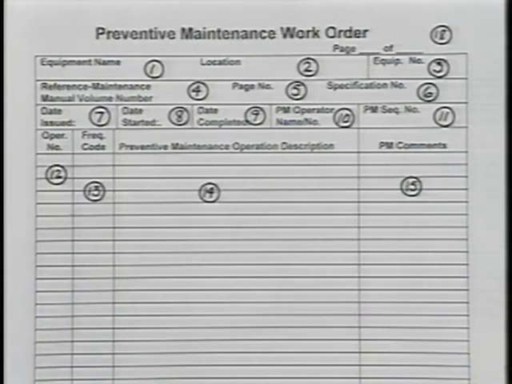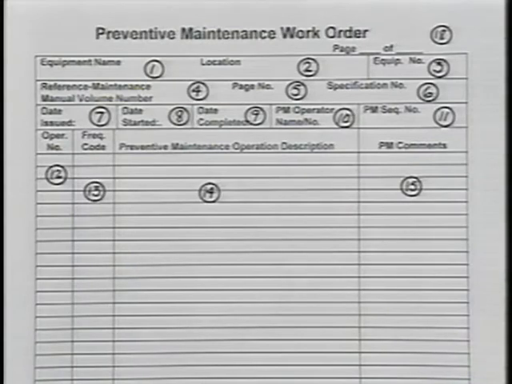So let me at least identify with you some of the data elements that are on this particular PM work order, and then we'll look at the other pages to see how they actually support this particular job work order. Up on the top, from left to right, we have the equipment name, its location, and the equipment number.